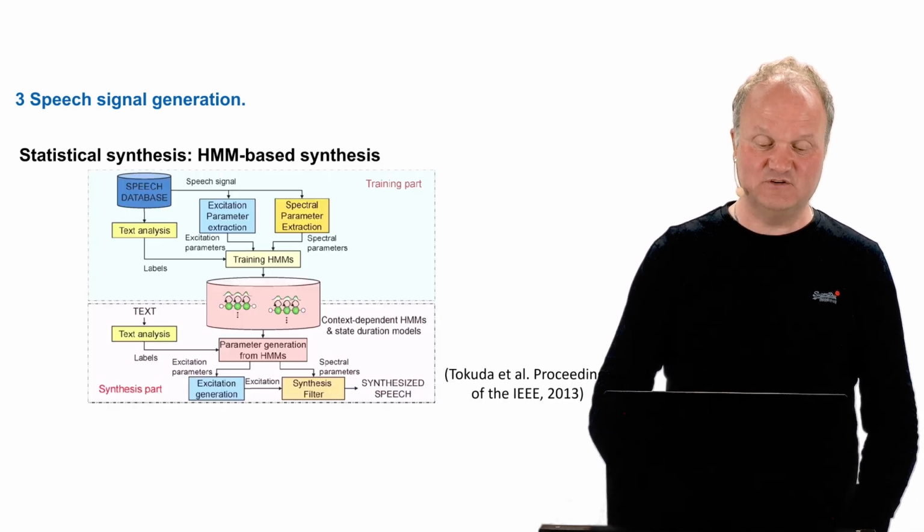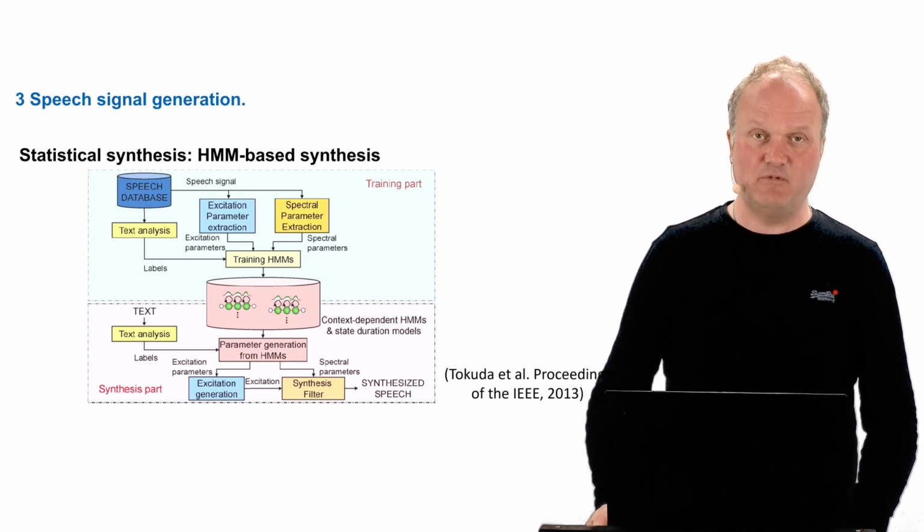An example of such an approach can be seen in the picture behind me, consisting of an upper part which illustrates the training process and a lower part which illustrates the synthesis process.